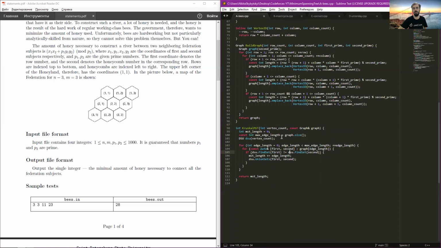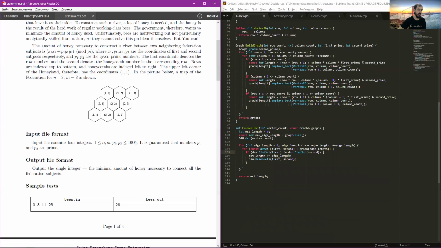It's really, really short. So the main idea here is that sometimes you have to use counting sort. And any kind of grid structure results in a sparse graph, which is a very important observation. You may see not necessarily hexagons, but rectangular grids. It also results in the same sparse graphs.